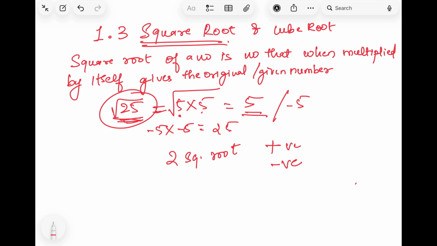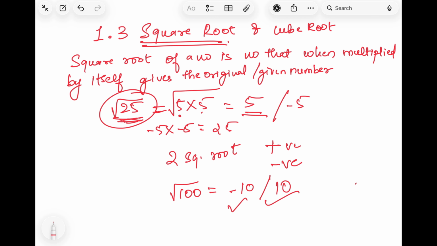Similarly, if they tell you to find the square root of 100, so which number do you multiply by itself to get 100? 10. So the square root can be minus 10 or plus 10. Both are correct because we don't know whether the root we got is from multiplying minus 10 into minus 10, or plus 10 into plus 10. Okay, so for square root we always get two answers. It has a positive and it has a negative. So that is what is square root.